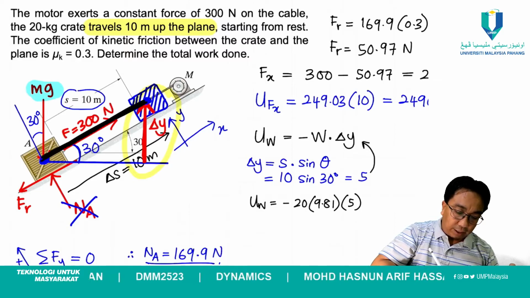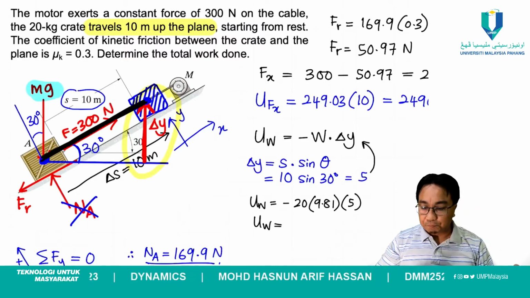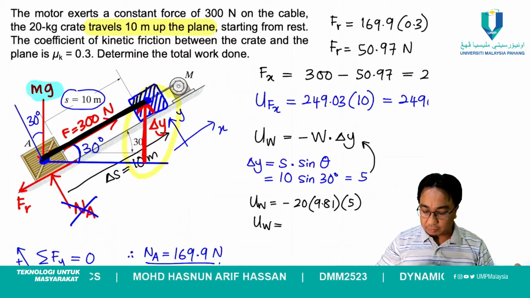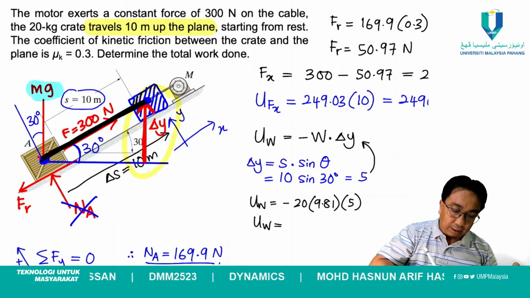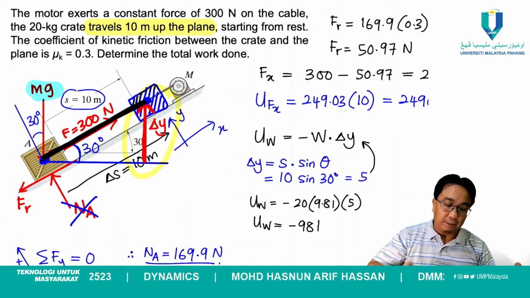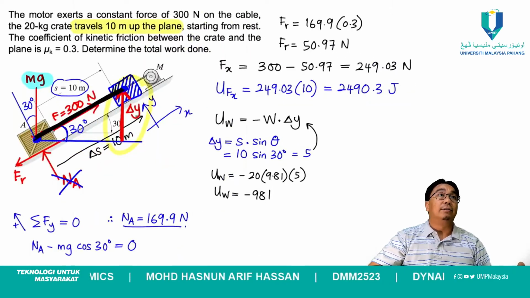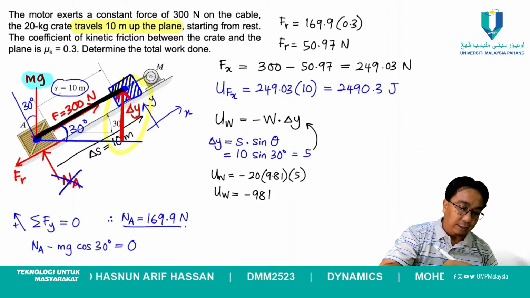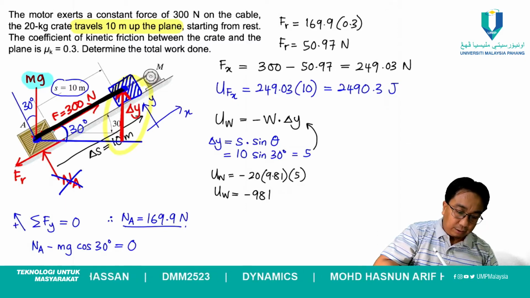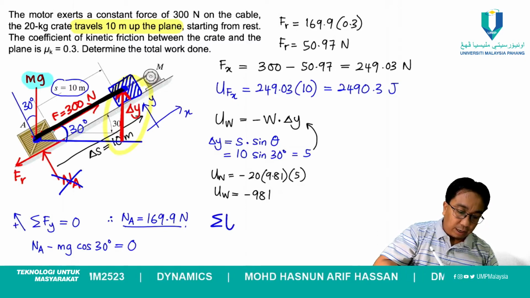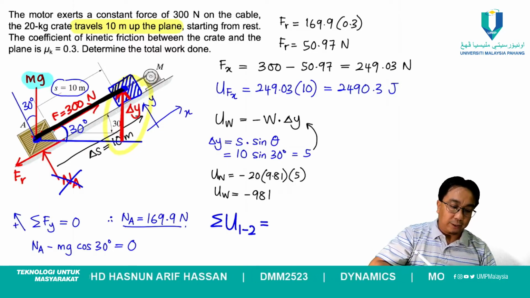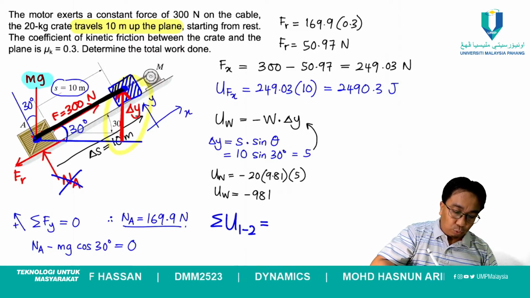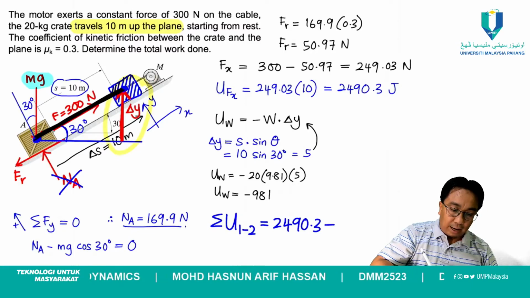So therefore, kita akan dapat UW equals to minus 20 times 9.81 times 5 is minus 981. Okay, minus 981. Alright, so altogether we can then write the sum of work done to move from 1 to 2 is equal to, we have the UFX up there, 2490.3 minus 981.